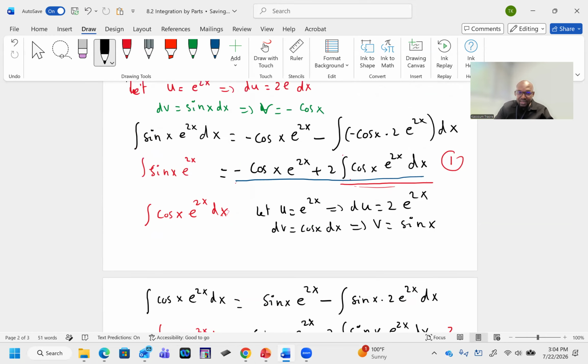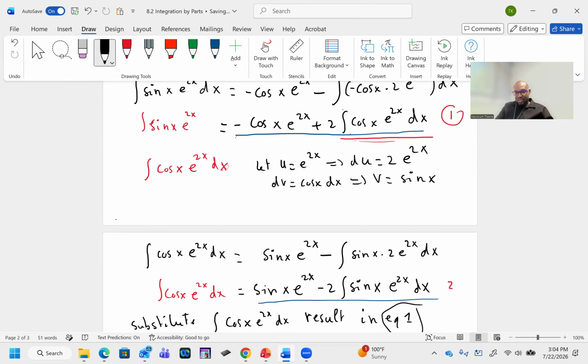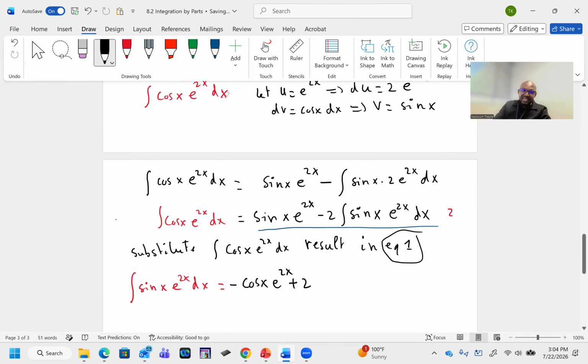Plus 2 times the integral of cosine x e to the power of 2x dx, or we just find the integral of cosine of x e to the power of 2x dx is what? That is sine x. So this is my substitution. Let me use a green so to substitute. Sine of x e to the power of 2x minus 2 integral of sine x e to the power of 2x dx, right?